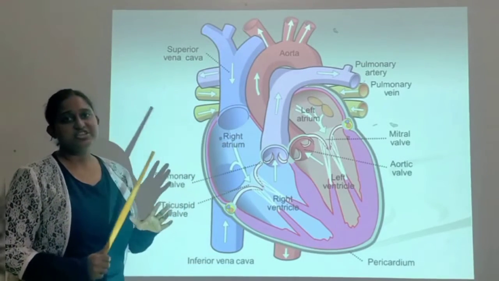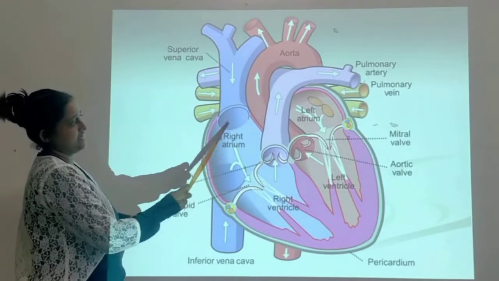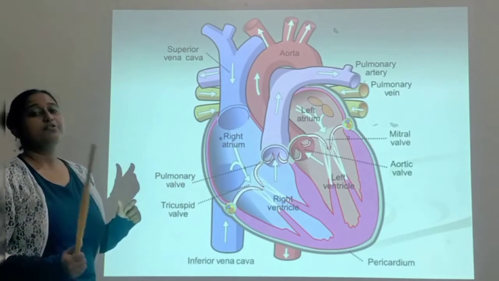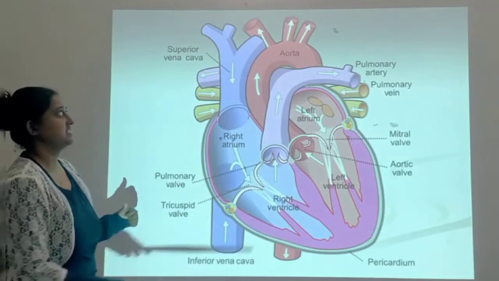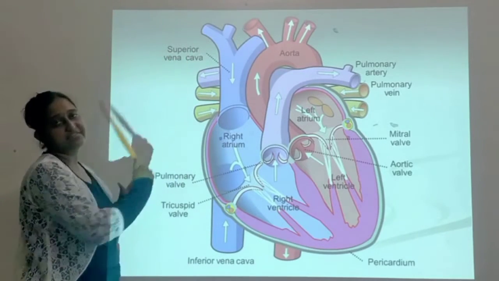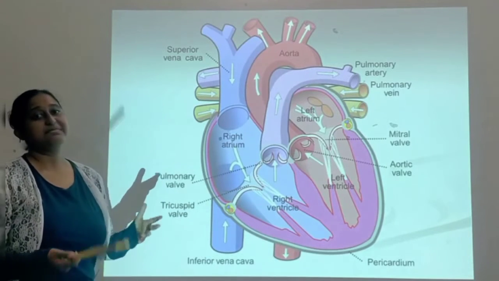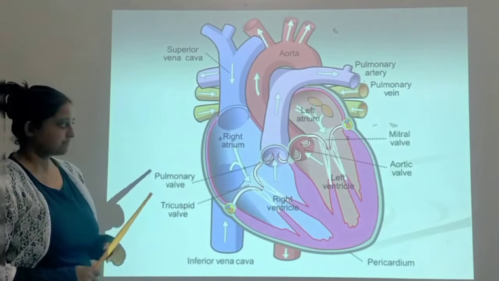The deoxygenated blood from the body through the superior and inferior vena cava enters into the right atrium. The deoxygenated blood from the upper part of the body, that is head, neck and upper extremities, passes through the superior vena cava, while the deoxygenated blood from the lower part of the body, that means trunk and lower extremity, passes through the inferior vena cava.